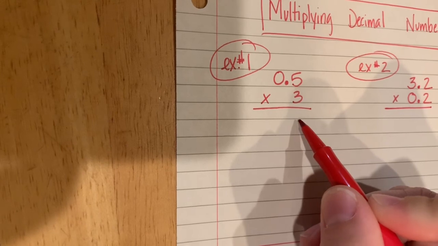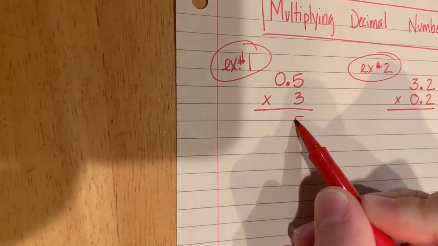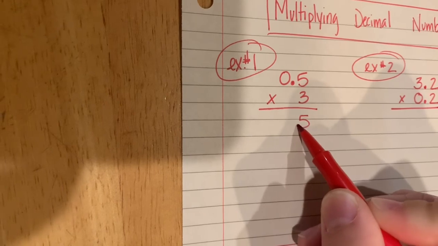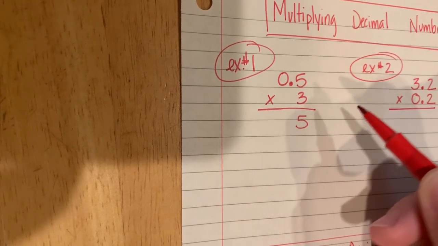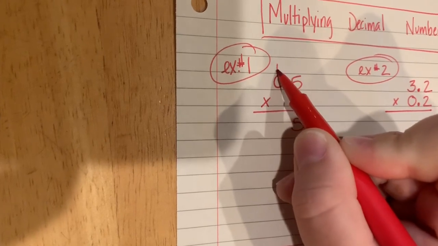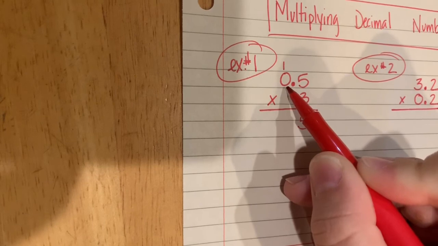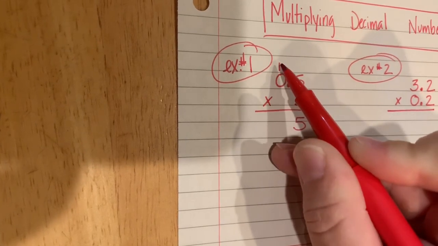All right, let's get started with number 1. We're going to start off by multiplying like we normally would. We have 5 times 3, which is 15. We have our 5 there, carry our 1. 3 times 0 is 0, plus 1 is 1.